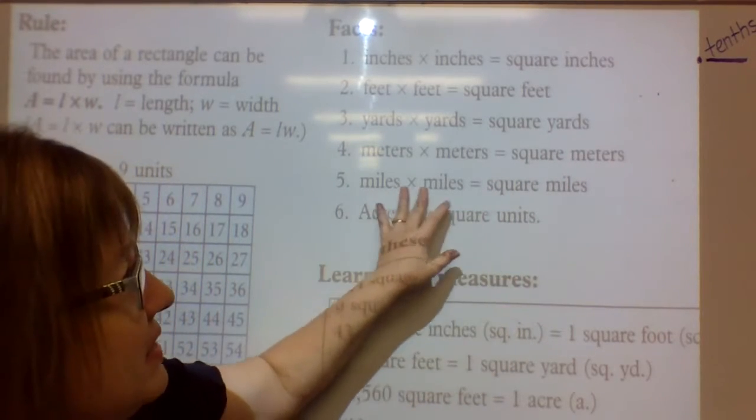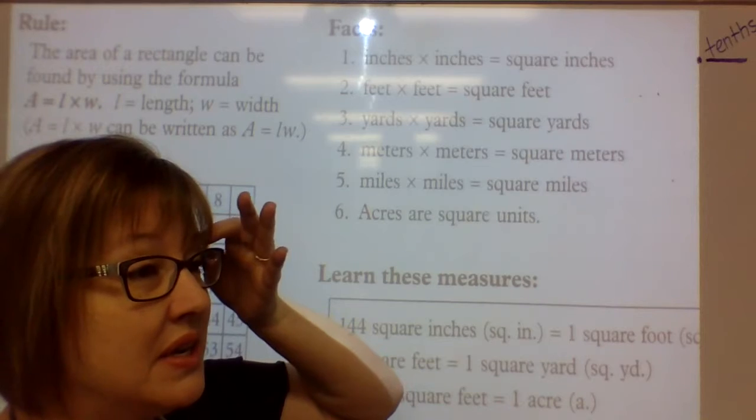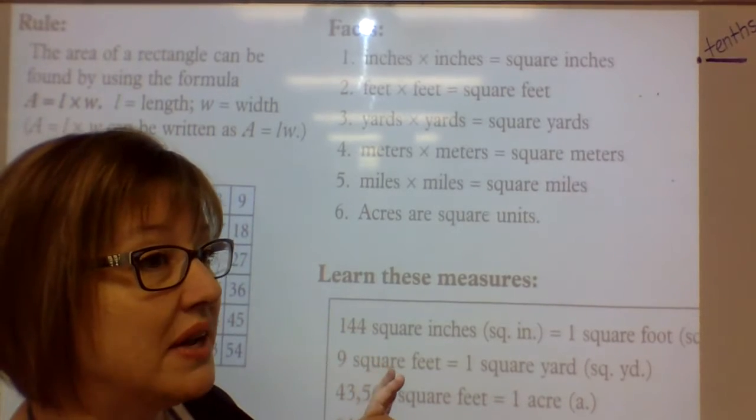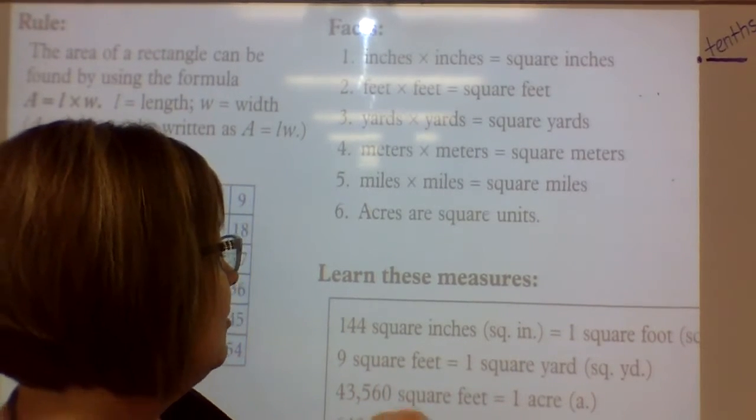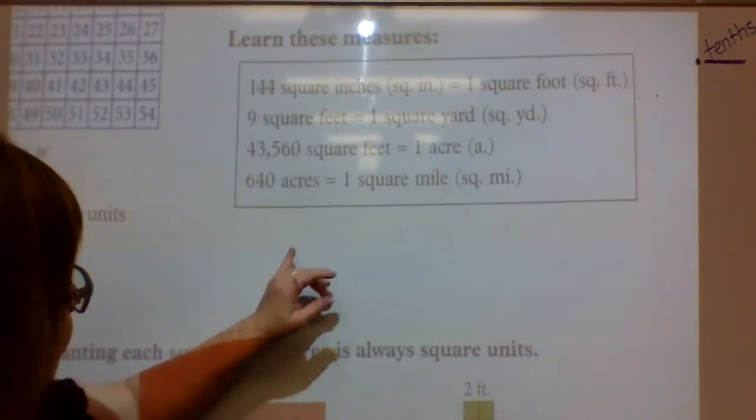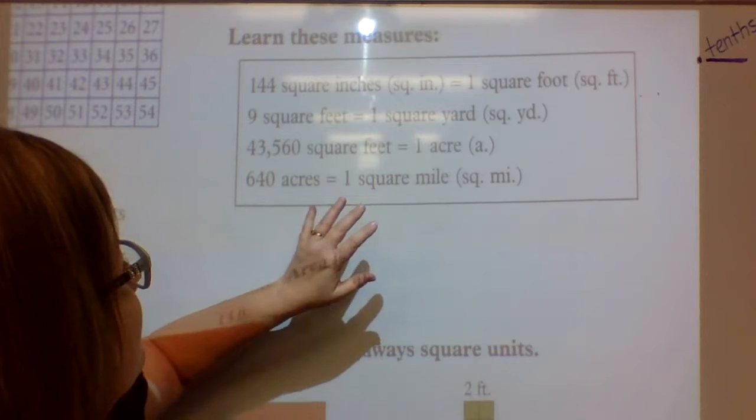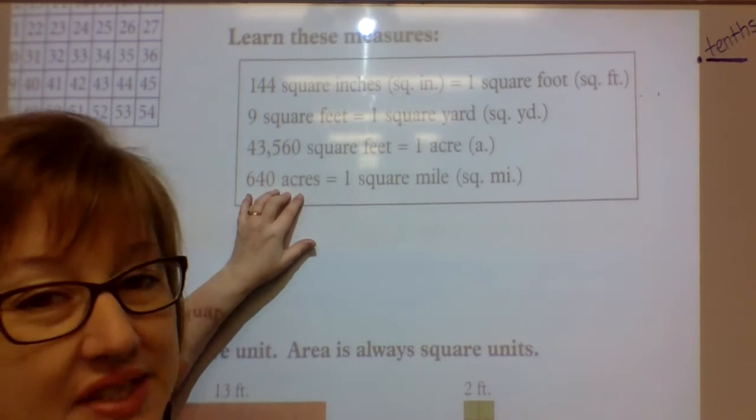Miles by miles. Let's see. How many square... Oh, here it is. I'm trying to remember. In a square mile, there's 640 acres.